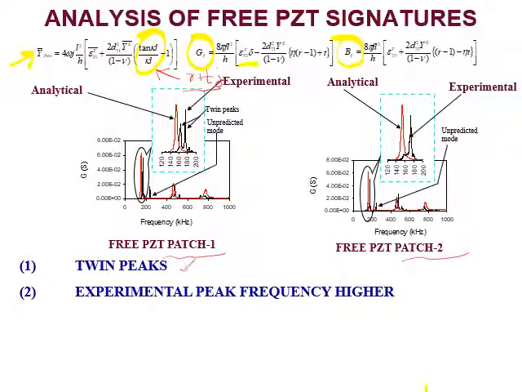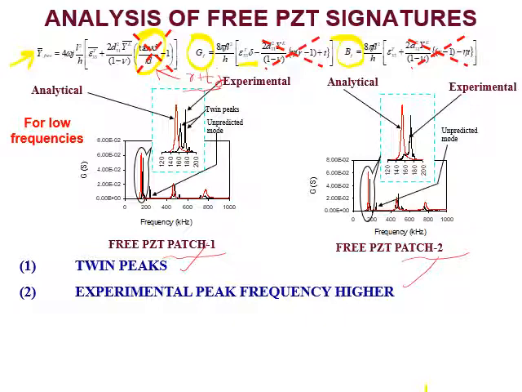So these two observations are there, and now we use the quasi-static sensor approximation. If the frequencies are low, then what will happen? Tan KL by KL will be 1, so these terms will vanish. When these terms vanish, we get a very simplified expression.